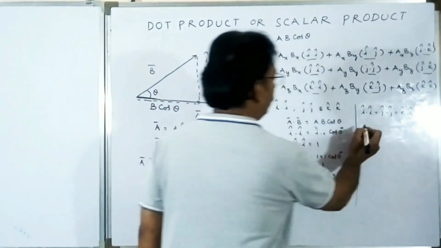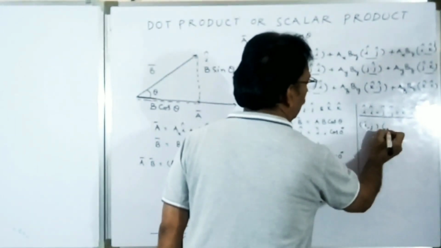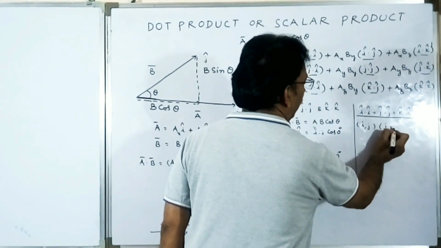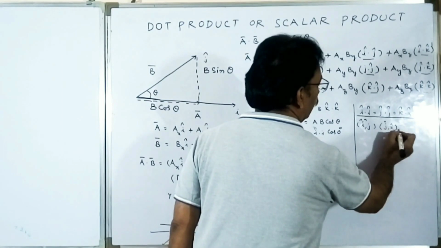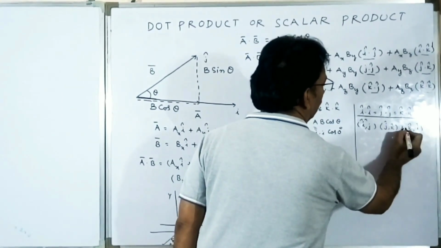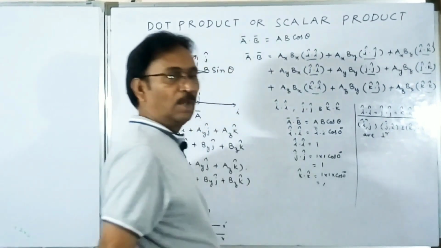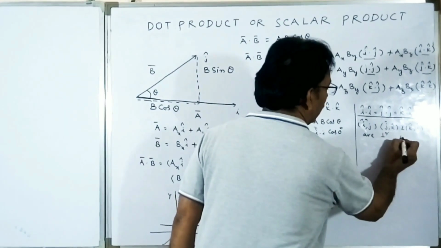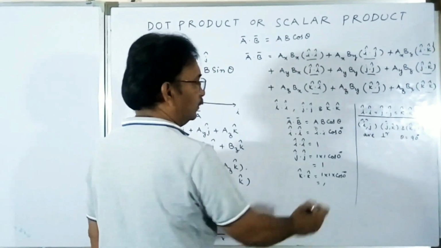So i, j; j, k; and k, i are perpendicular, so theta is equal to 90 degrees. We do the same thing again.